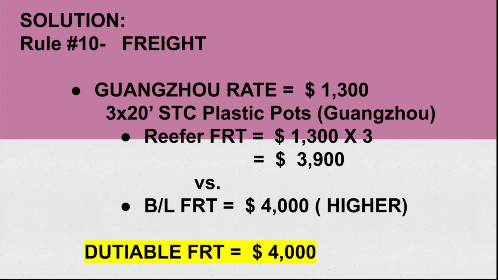Then, obviously, we can see the $4,000 freight from the bill of lading is higher. So, our dutiable freight is $4,000. And that's our final answer of this problem.